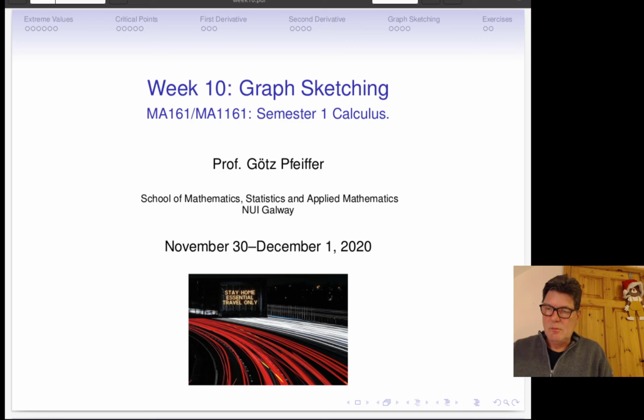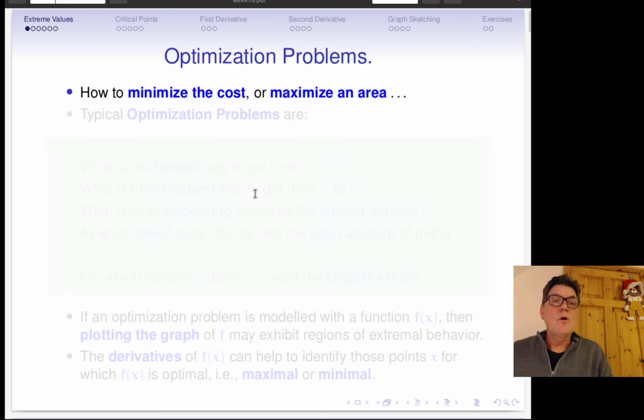One of the most important applications of the calculus is solving optimization problems. That's problems that seek to minimize the cost of doing something or maximize an area.